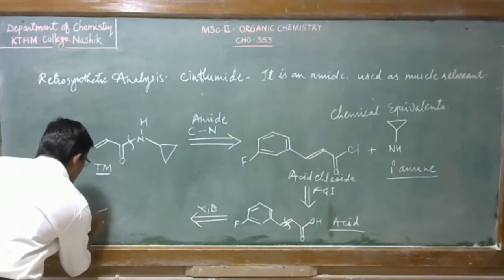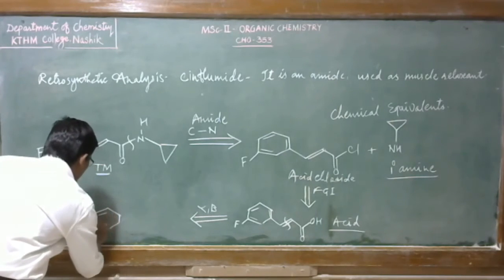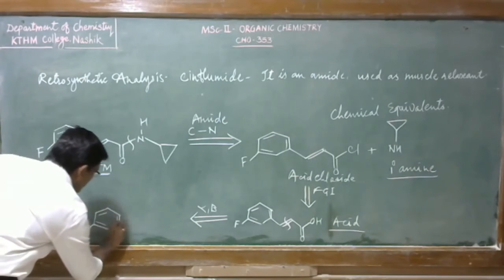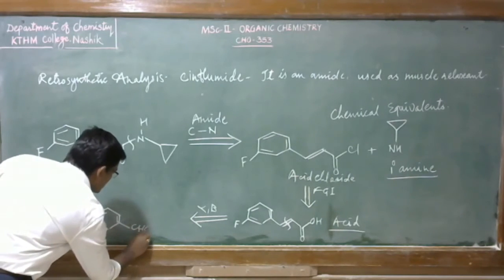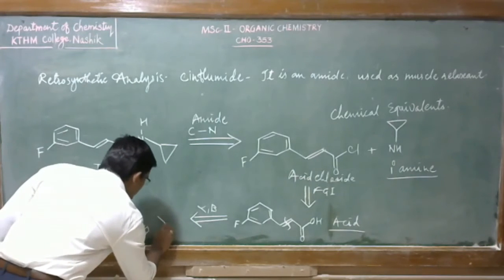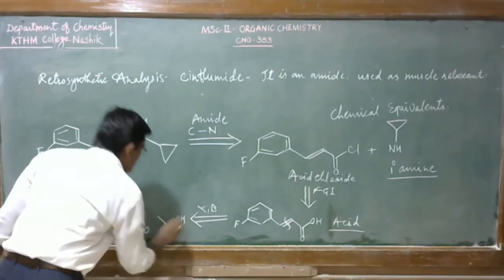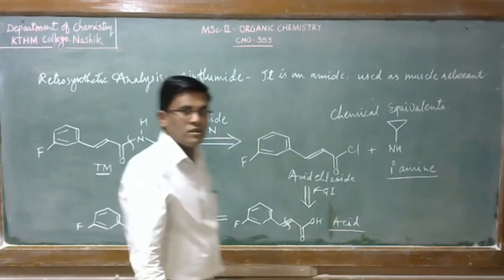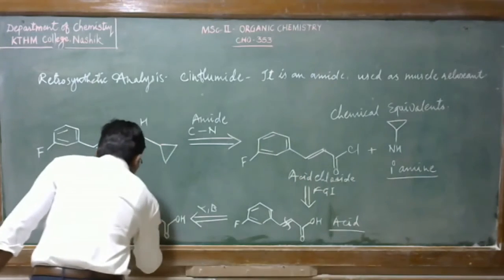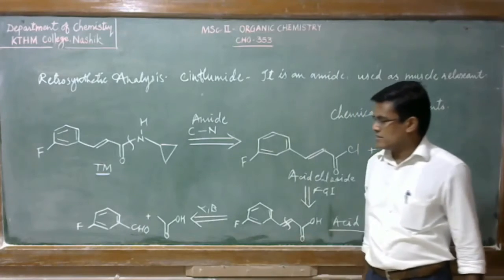We would get these two chemical equivalents. One would be this aldehyde and the other would be this enolate, so this acid. One is the aldehyde and the other is the acid.